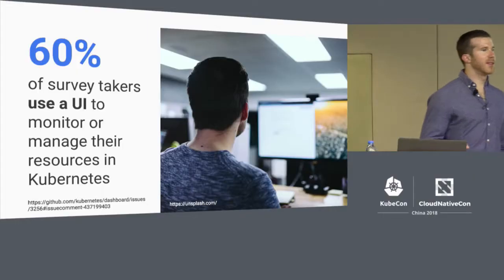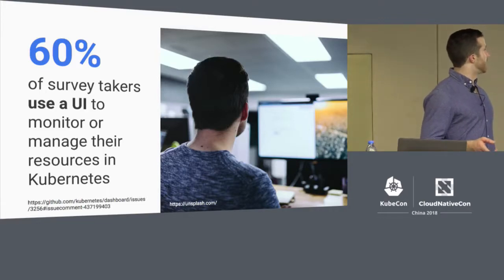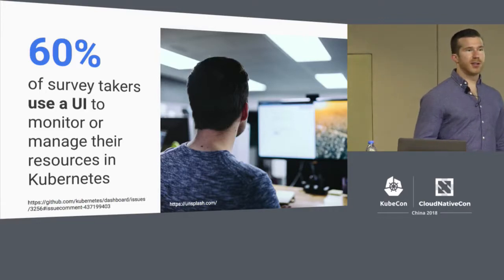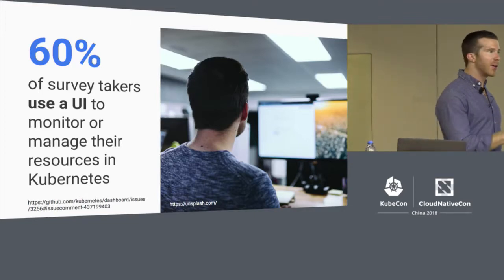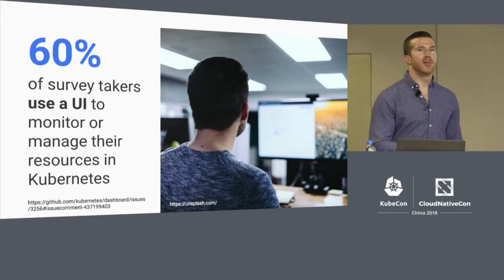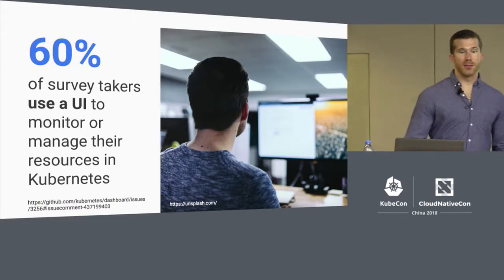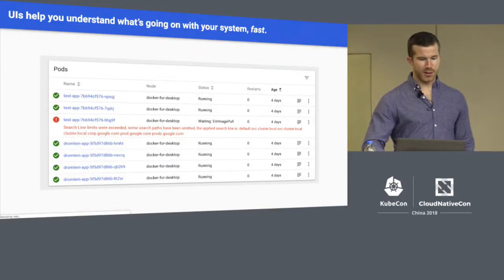So in that survey that Spencer mentioned that we conducted, 60% of respondents said that they use a UI to either monitor or manage their Kubernetes resources. So this doesn't get to the why question of why they're using a UI, but it does suggest that there is a reason there. So what are some of those reasons?